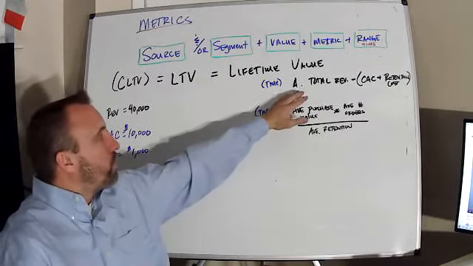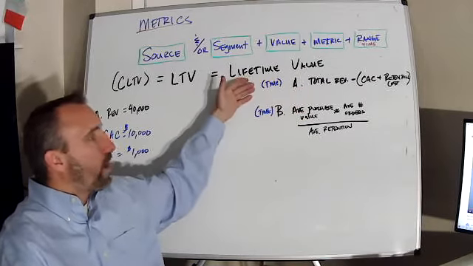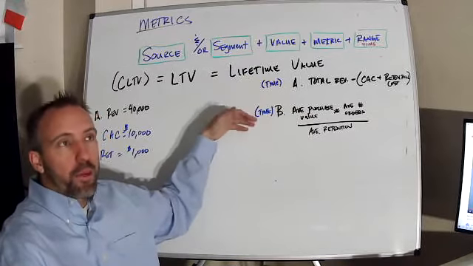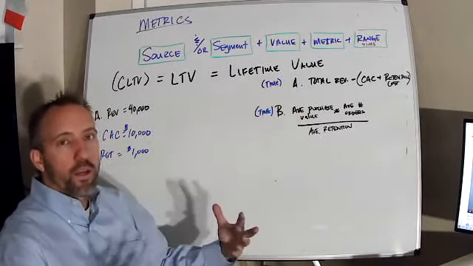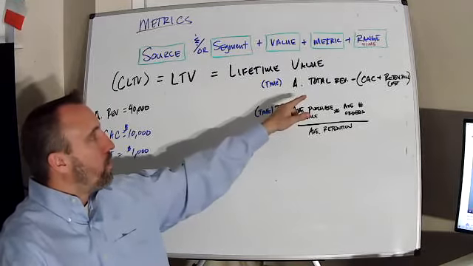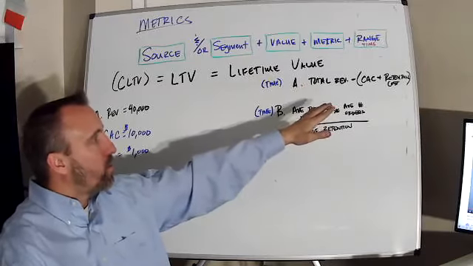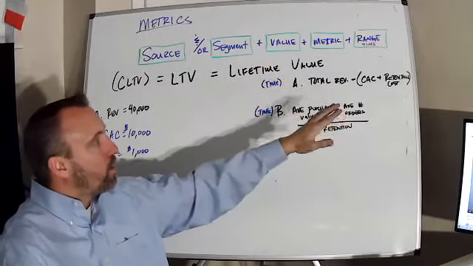In terms of one option, all of these are based on time. So is it their total value in a year? Is it total value in a month? If they make lots of purchases, you got to figure out what time frame you're calculating this in. But you look at your total revenue averaged by customers, minus your average customer acquisition costs, including your retention costs.